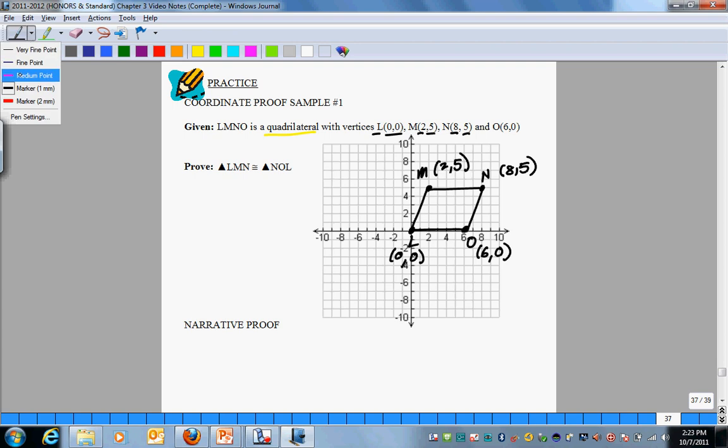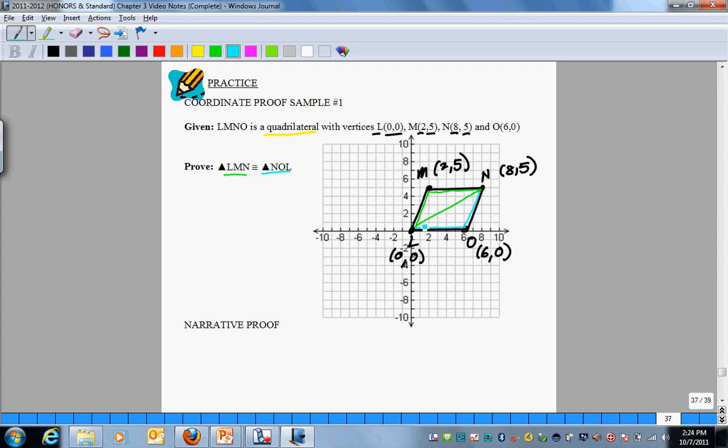We are trying to prove that triangle LMN, so I'm going to trace that, LMN, that triangle there, we want to be congruent to NOL.